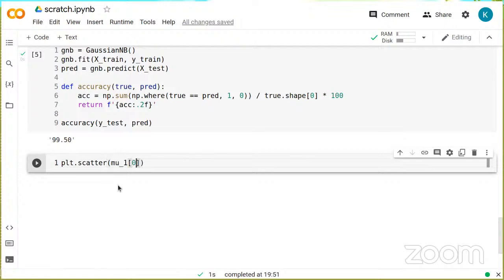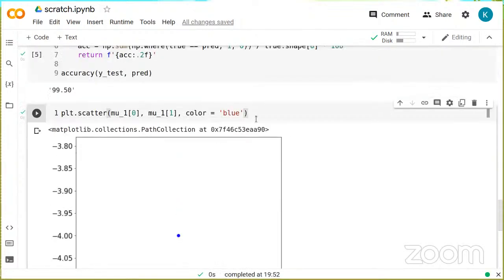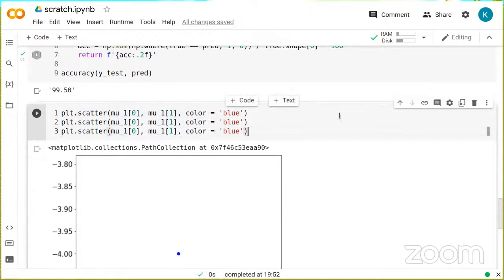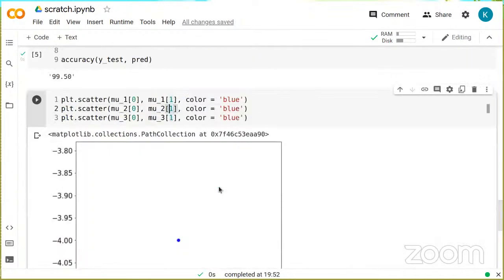So I want to plot mu1, mu2 and mu3, right? What were the colors? Blue, red, green, right? Blue.